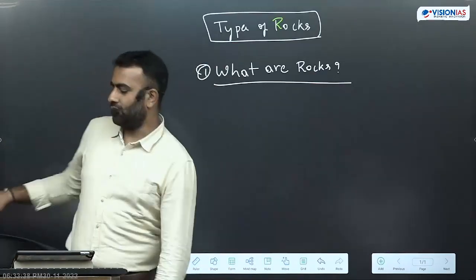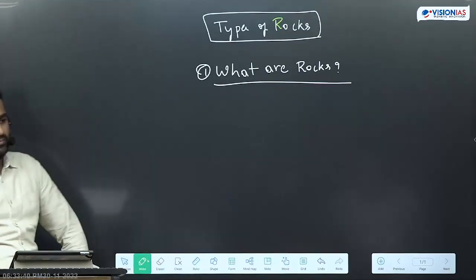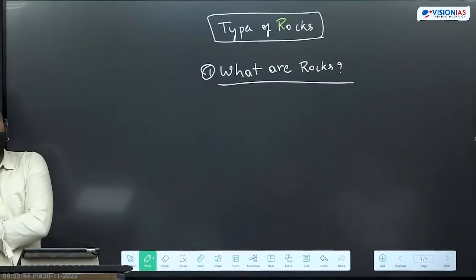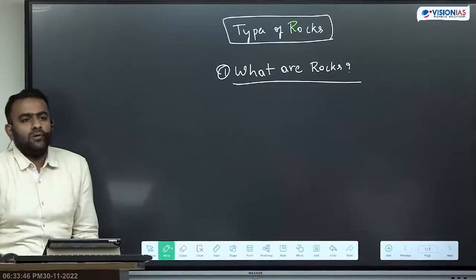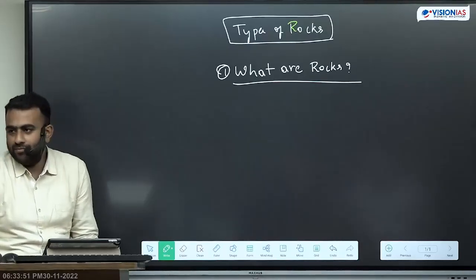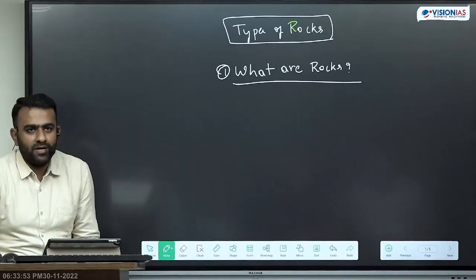Can somebody define rocks? Composition of different minerals in solid form. So what are minerals?